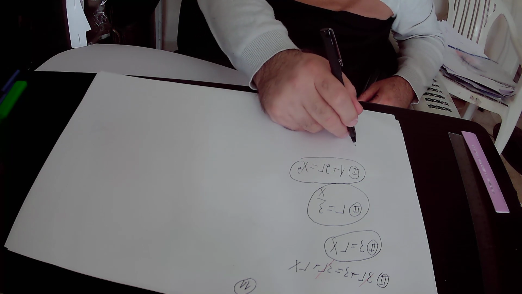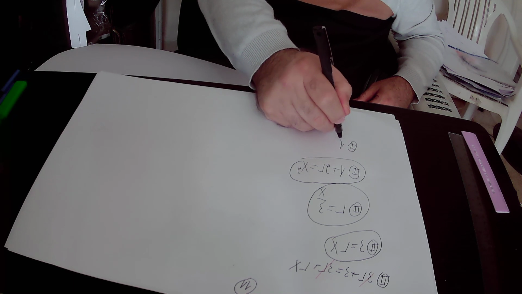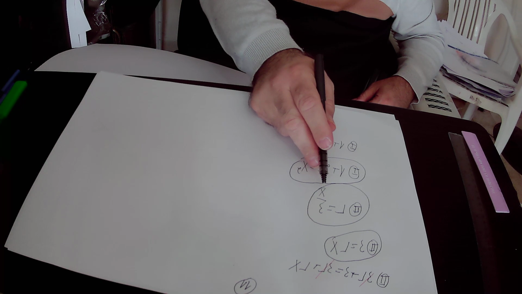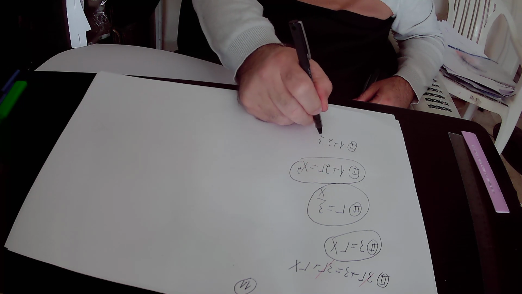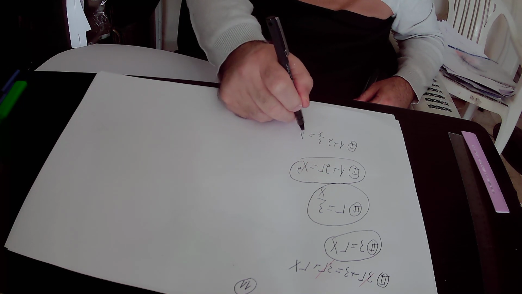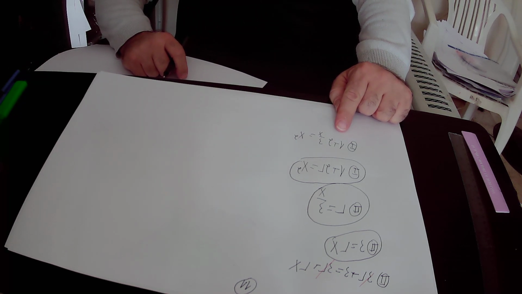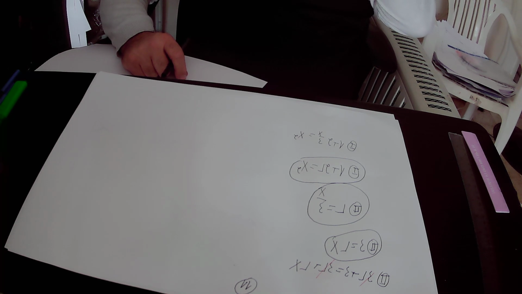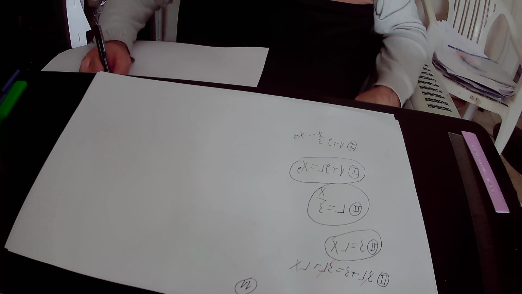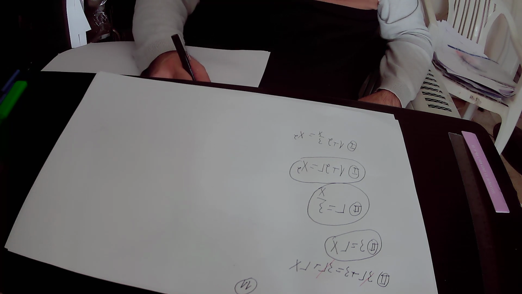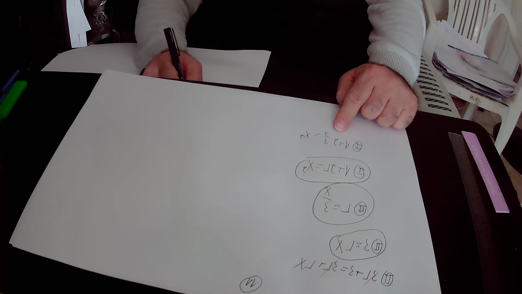So we will do it now, and we get that 1 plus 2 times 3 over x equals x squared. Here, 2 times 3 is 6, so we get 1 plus 6 over x equals x squared.